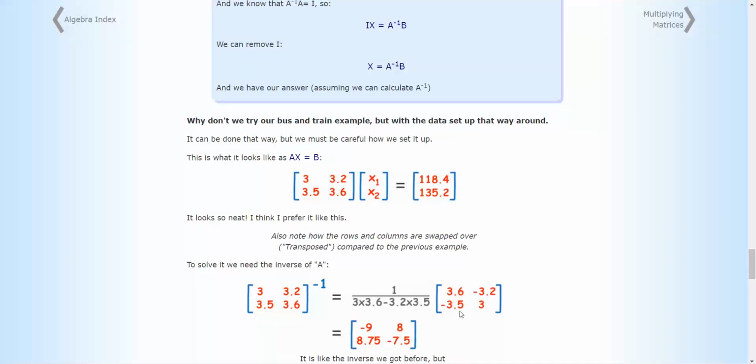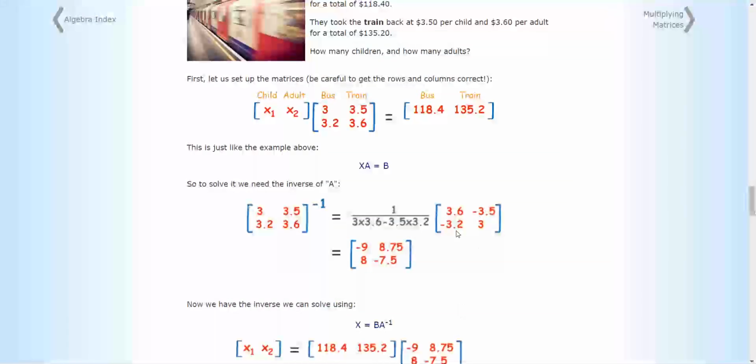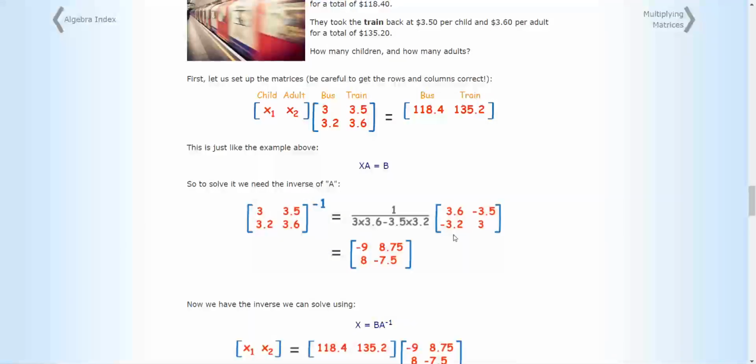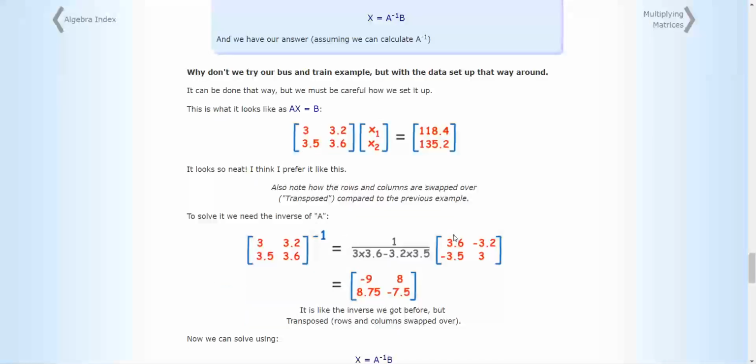Yeah, 3.6, 3, 3.2, 3.5, which is here 3.5, 3.2, 3.6. What have I done?